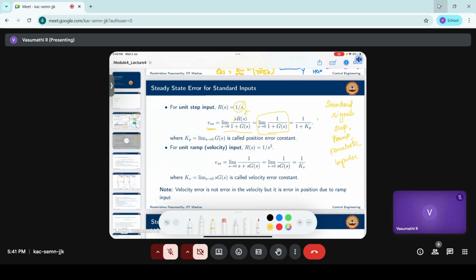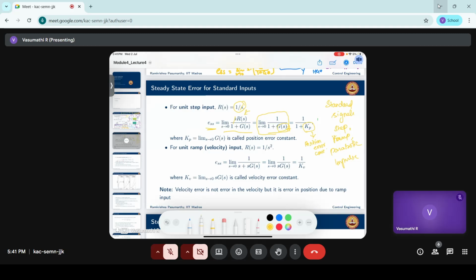Here G of S into H of S will be Kp. This is for step and unity feedback system. If the feedback is not unity, there will be some numerical number that is not 1, and we call it Kp, which is referred to as the position error constant.